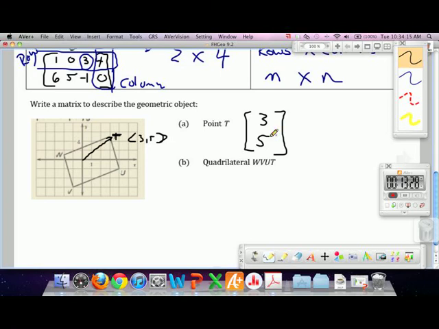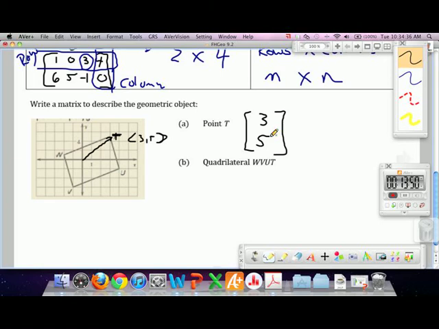It will make sense. You have to go on faith for a little second. By convention, we're going to write this matrix as a column vector. So all I did was find what vector takes me from the origin to the point, and I'll write that as a column vector instead of a row vector.